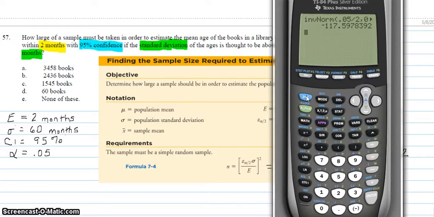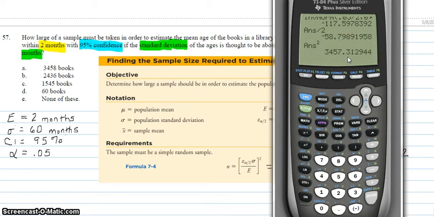So we're going to go second, answer, divided by 2, and we're going to hit enter. Now we have to square that answer. So again, we're going to do second, answer, squared, enter.